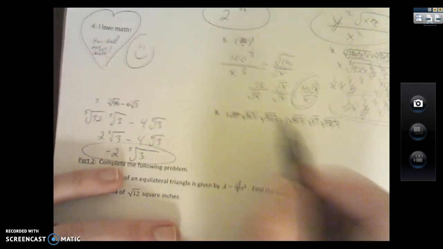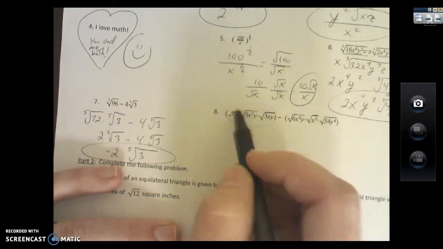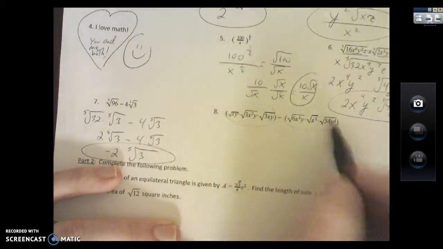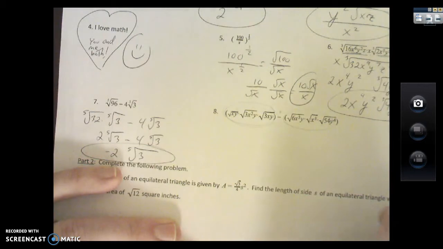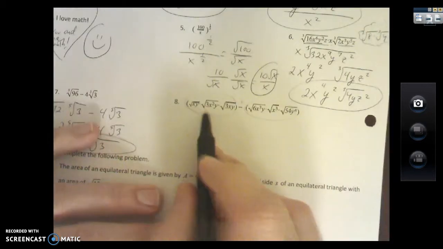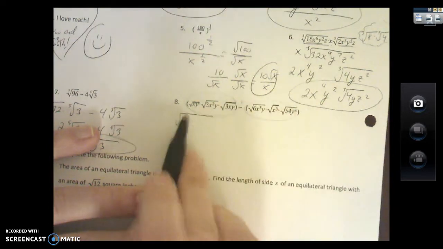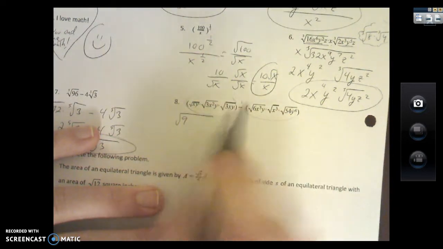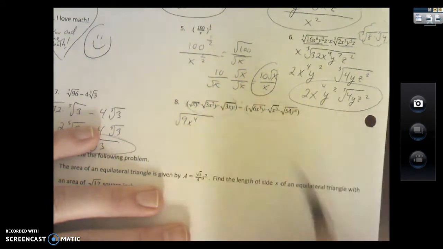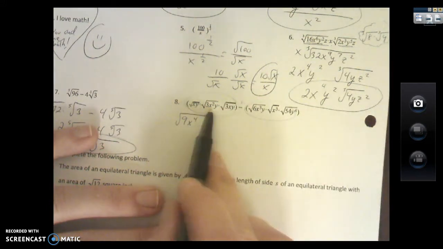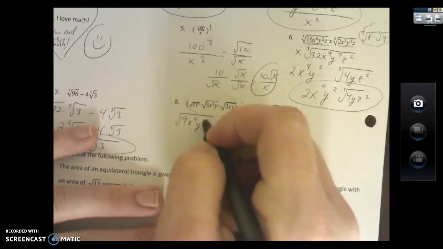Alright, I am multiplying everything underneath here, and I'm going to subtract in the middle. Here we go. On the left-hand side, I'm doing numbers first. 3 times 3 is 9. x times x squared times x is x to the fourth. y times y times y is y cubed.